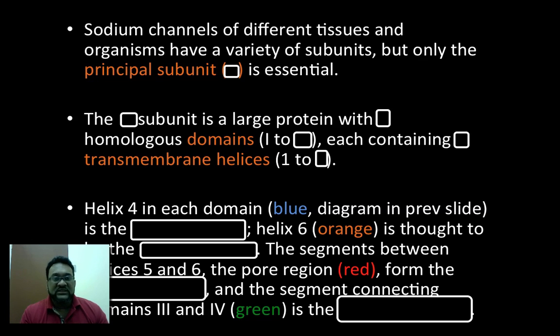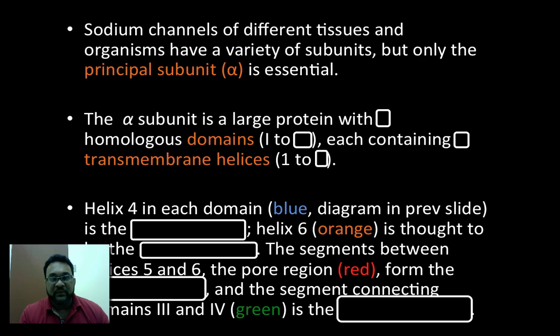Alright, so let's look at that first paragraph. Sodium channels of different tissues and organisms have a variety of subunits, but only the principal subunit. In other words, as I said before, which subunit of the sodium ion channel is important for us, especially in neurochemistry, in the development of the action potential? And you should have correctly said the alpha subunit.